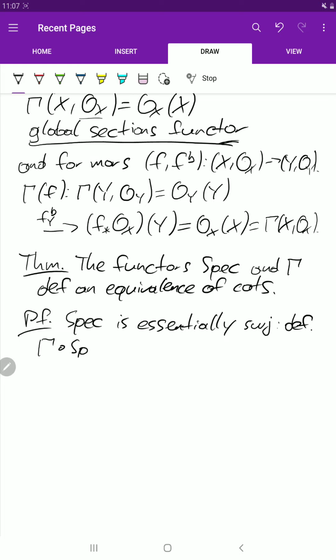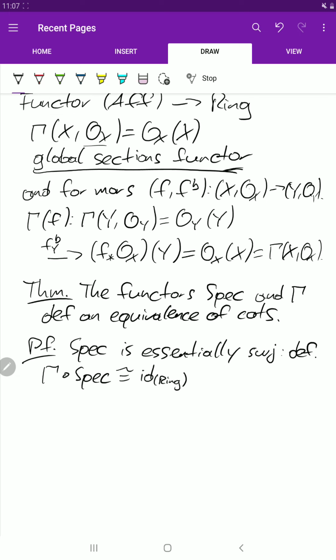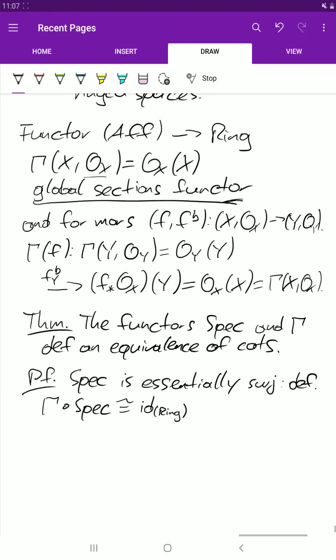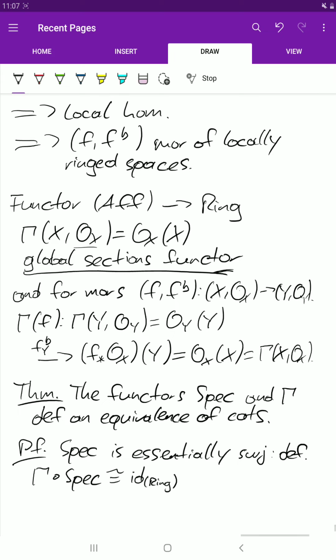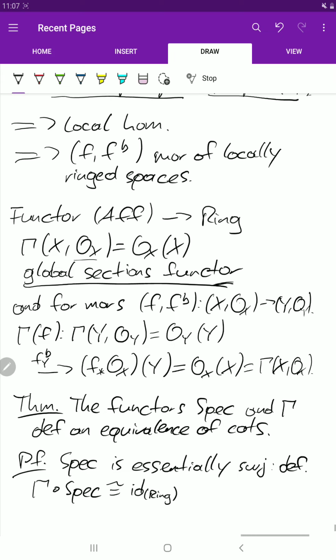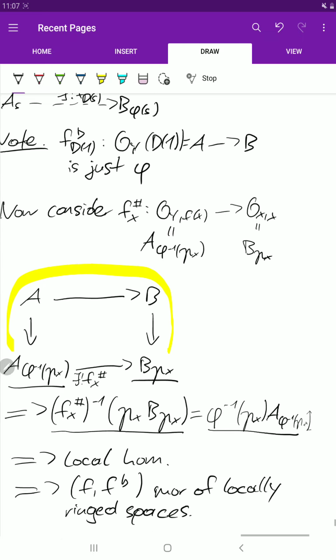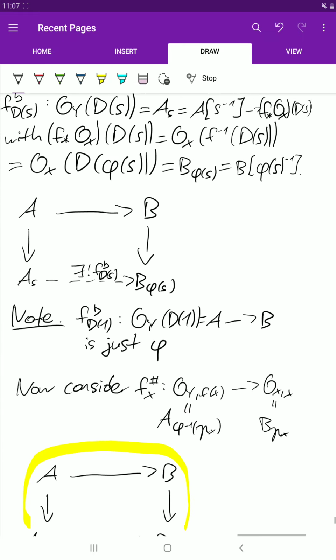Then Gamma, so if we first take the spectrum and then the global sections, I claim that this is isomorphic to the identity on rings, so we have a natural transformation between these two functors. Let's see why this is the case. This is also quite easy, so we take the spectrum functor, and we've seen that, where did we define it?